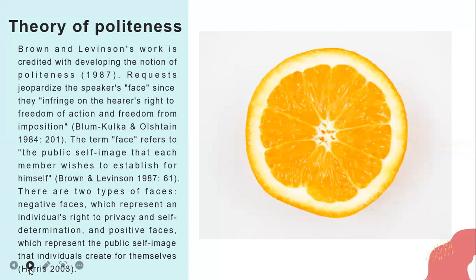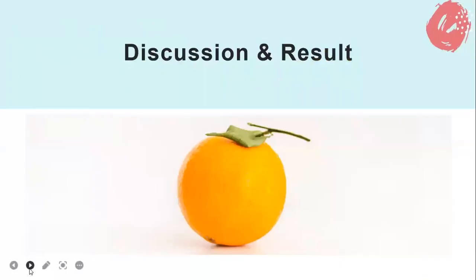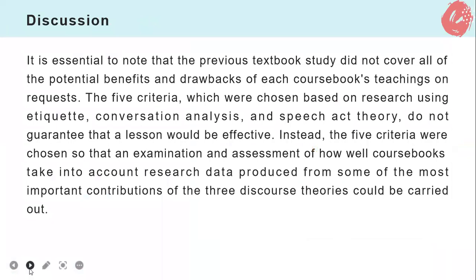So the next part is discussion and result. First we're going to discuss the discussion. It is essential to note that the previous textbook study did not cover all of the potential benefits and drawbacks of each coursebook's teaching on requests.